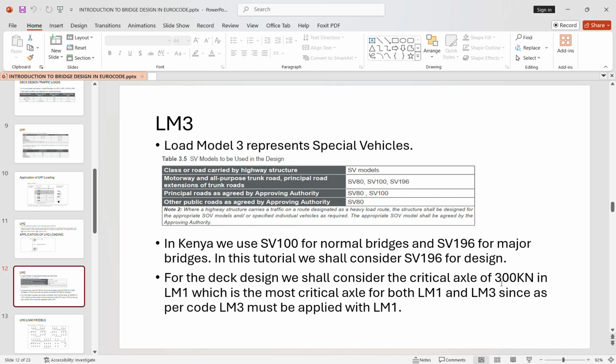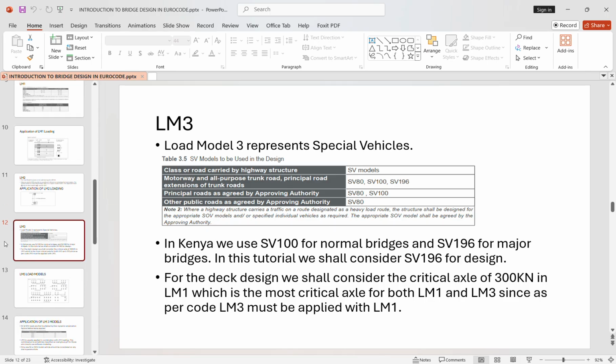But for the deck, I will just be using load model 1, since load model 1 contains the critical axial load that I will require of 300 kilonewtons compared to the maximum of 180 that is contained within SV196. So for the deck design, we shall consider the critical axial of 300 kilonewtons in load model 1.